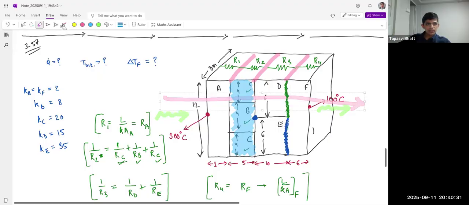Try to see only this part. I want a highlighter. Okay. Only focus on this tiny little part of the problem. Forget the rest.